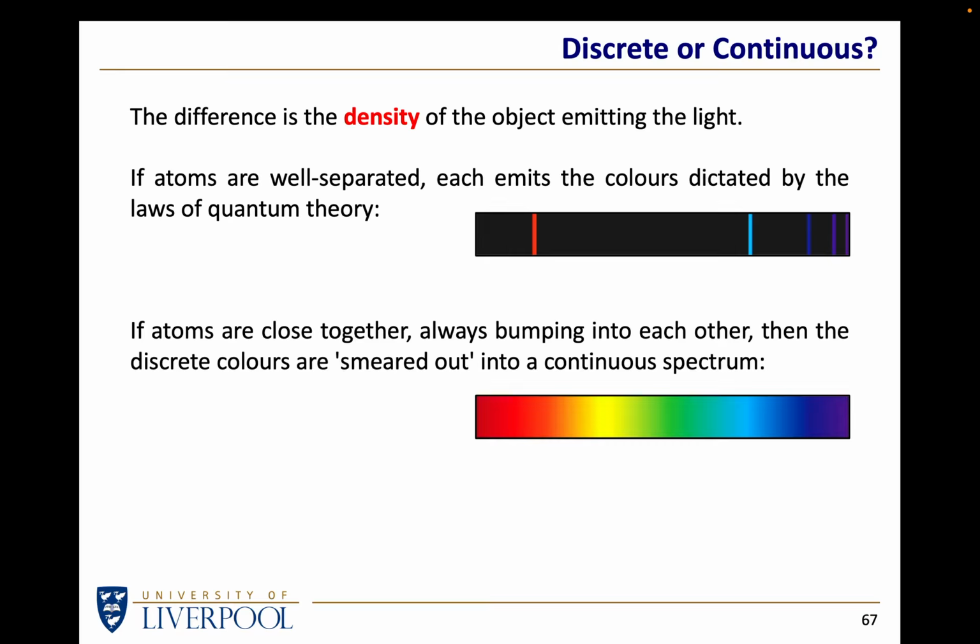So if you like, that is the fundamental emission from atoms, but the result we get from stars and anything else we heat up is simply because we've got so many atoms in there, they are bumping into each other and literally changing the energy at which we see these lines to the point where they get smeared out over the entire spectrum. So to understand what we would expect to get from any given object, all we really have to do is to work out the density. And the density varies by an enormous amount for different objects in the universe.